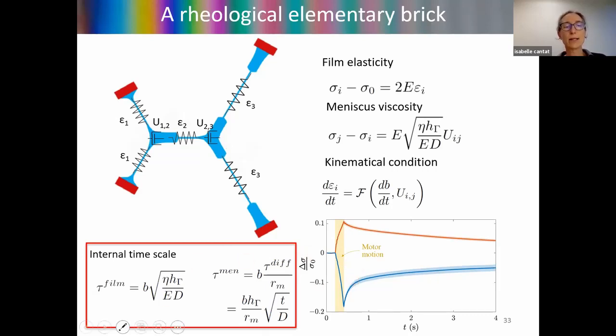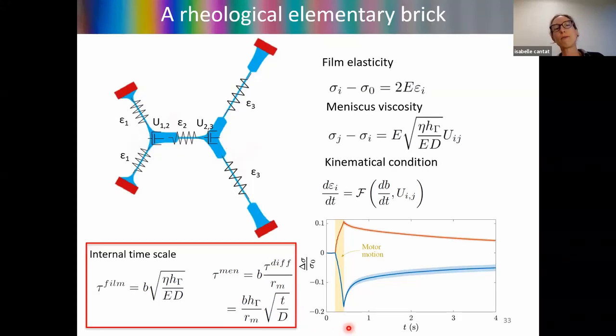And these time scales are either governed by this law if the meniscus plays no role, or by this law when I have some exchange with the meniscus. If the exchange with the meniscus is diffusive, I can predict this diffusion time here and say that the characteristic time of my Maxwell system scales like the square root of t, corresponding to the classical diffusion rules with square root of t variations.